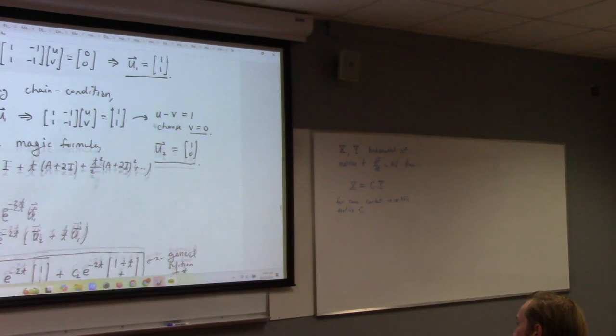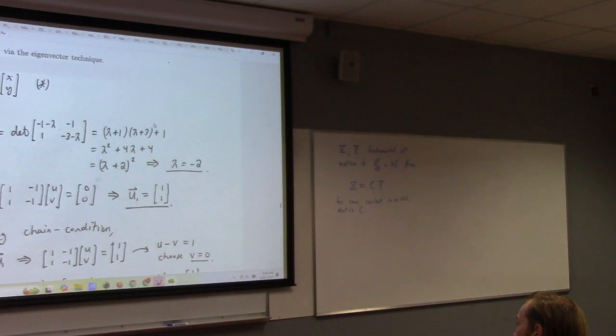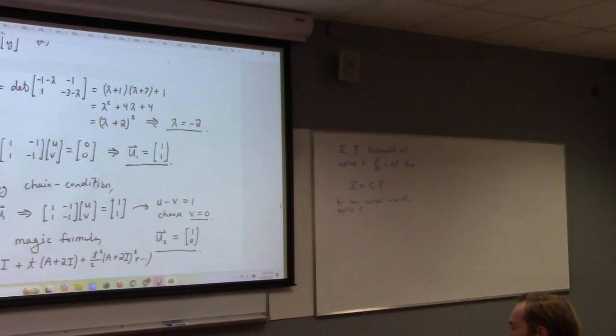So for this next one, we had a repeated eigenvalue of -2, which means, as we saw, only one eigenvector, so that's not enough to find the general solution. I have to solve the chain condition, as I did there, and that gave me a generalized eigenvector of order 2.